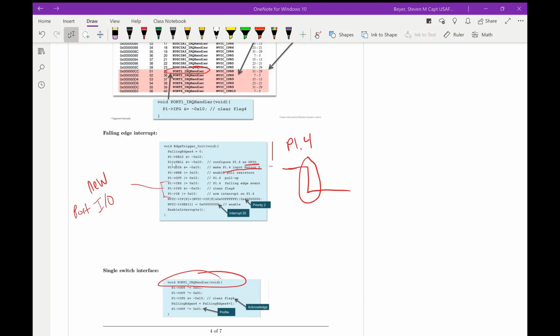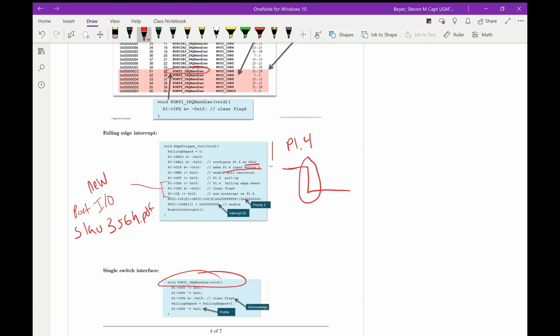It is under data sheets, and it is the SLAU356H.pdf. Okay, so that'll be in there for you to take a look at.